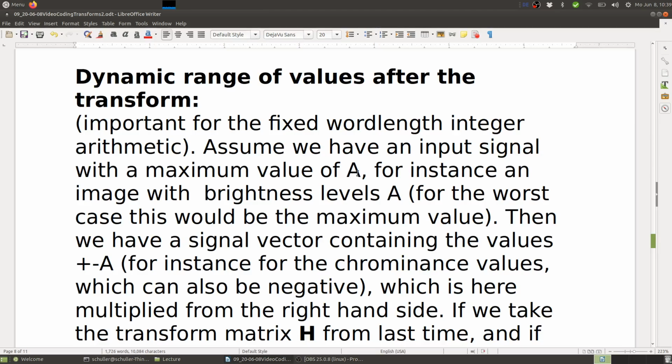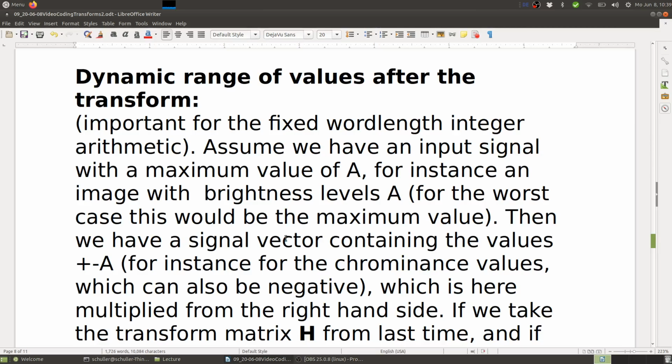given by the word length. For instance, an image with brightness levels A, for the worst case, this would be the maximum value. For instance, when you have a luminance image, then A goes from 0 to 255, right? So then A would be 255 maximum, corresponding to 8 bits.